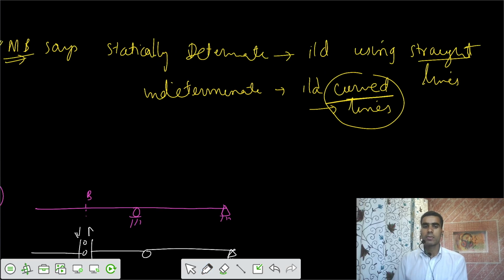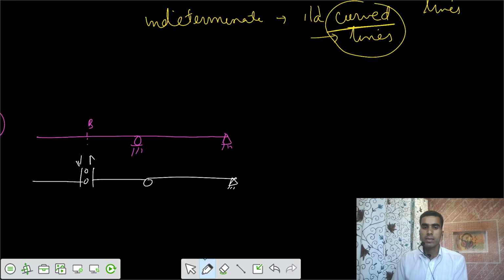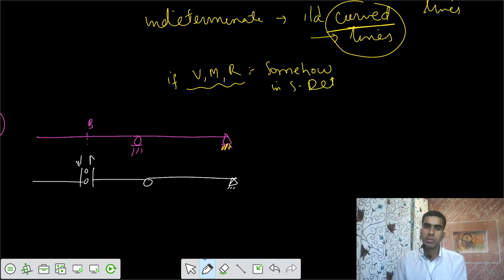Now the thing is that if, because of shear force, moment, or reaction, somehow in statically determinate beams, if curvature gets developed, that means that's not true.